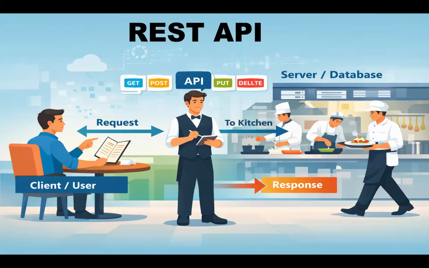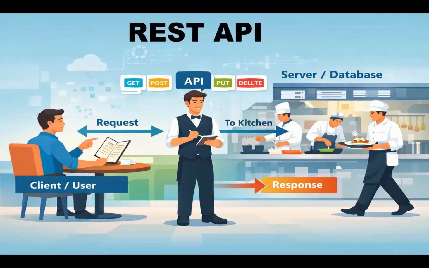What he requires from the chef, from the kitchen, that kitchen is the server or database. And the person who is taking the order and giving it to the kitchen, we can consider as middleware, or we can consider this guy as an API.